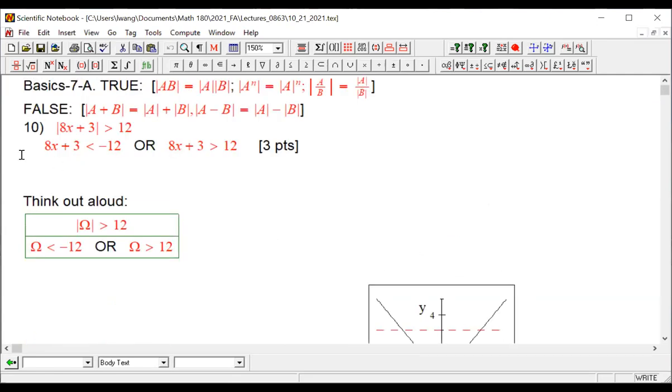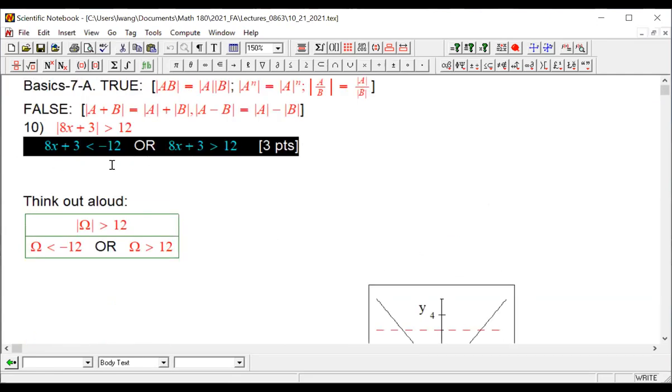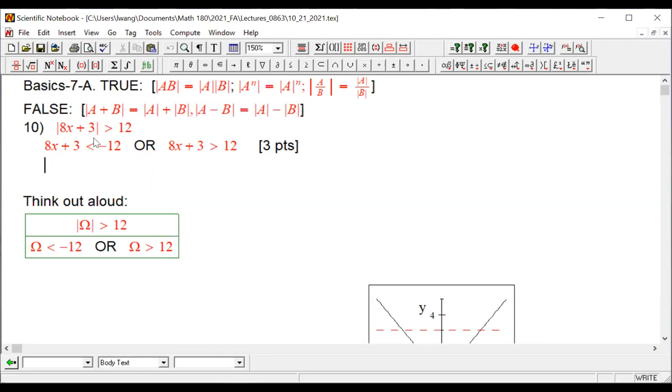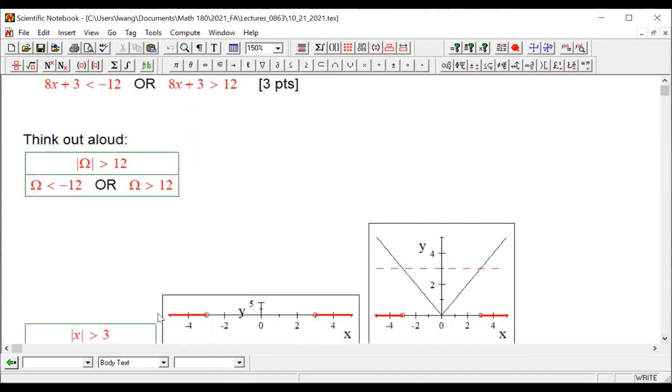Okay, so once we set up this step, you're going to solve these two inequalities separately. And in your mind, you must have these pictures.